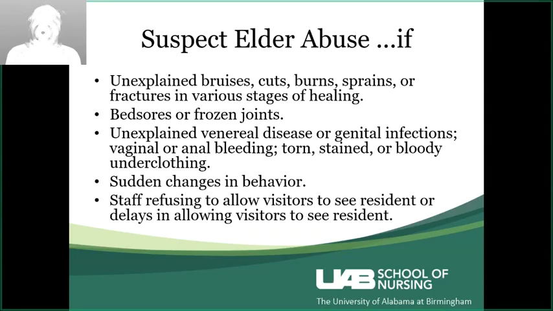So when should one suspect elder abuse? Well, unexplained bruises, cuts, burns, strains, bed sores, frozen joints, unexplained venereal disease, genital infections, bleeding and tearing in the genital area, sudden changes in behavior, particularly when the abuser is around. And if they're in an institution, when the staff refuse to allow open visitors, then that's a red flag.